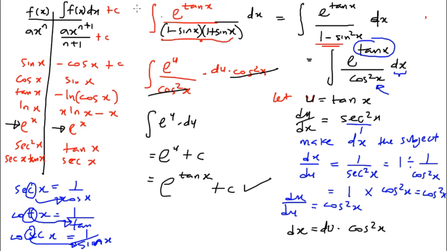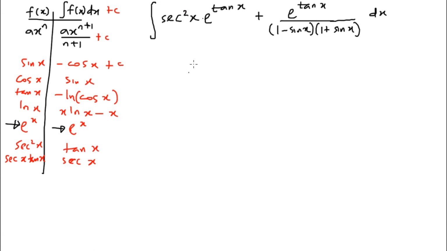Now let's consider another problem. So let's say you want to find the integral of sec squared x exponential tan x plus exponential tan x. If you notice, you would see that we did this as the first example.